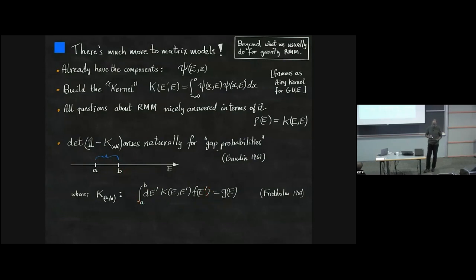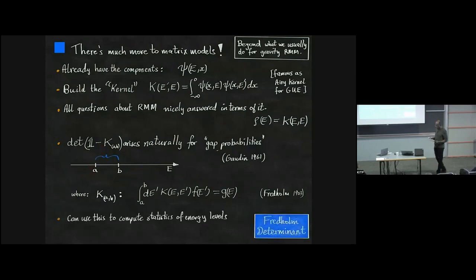So you can ask questions like, what is the probability that there are no eigenvalues between a and b on the line in the matrix model? And the answer turns out to be the determinant of this operator. It's a Fredholm determinant in the classical sense that you know. So the question becomes trying to understand this operator and compute it to get that answer.